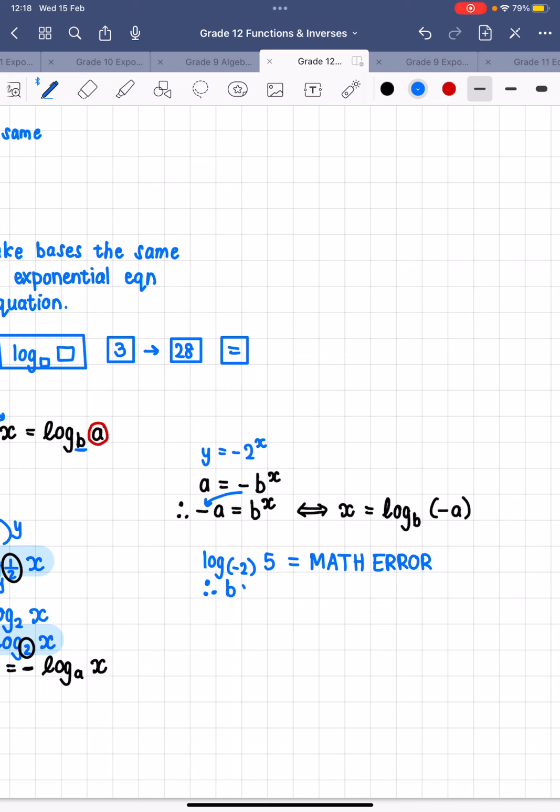So therefore, base of log cannot be negative.